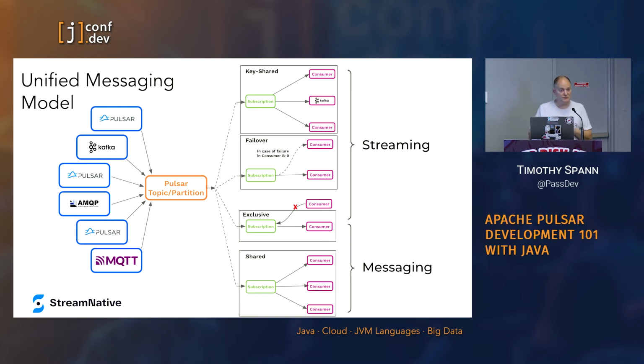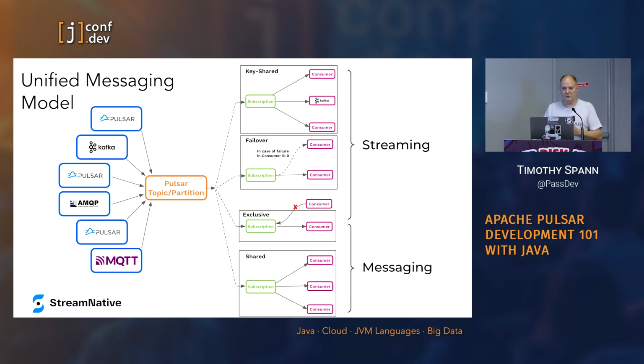What's cool with subscriptions is I could have as many as I want, maybe probably keep it under 100 million to each topic, and it doesn't matter. I could have a key shared streaming app pointing to the same topic as a messaging app. So I could have it process as a work queue, process it as a stream. That's pretty cool.